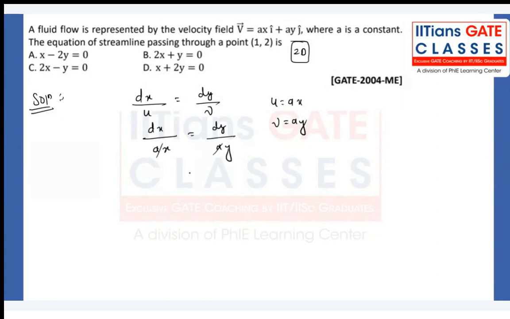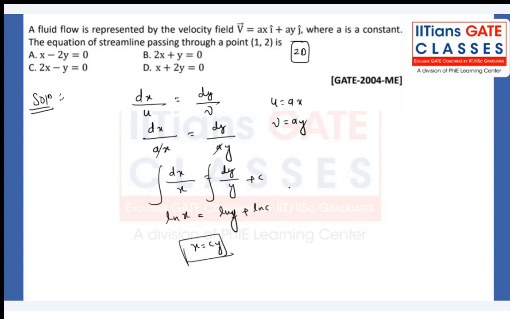So dx by x is equal to dy by y. If I integrate, I will get log of x equals log of y plus log of c. So x will be cy. Getting my point? How to find the c value? From the boundary conditions.